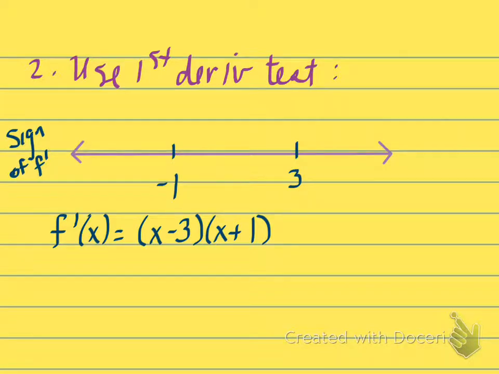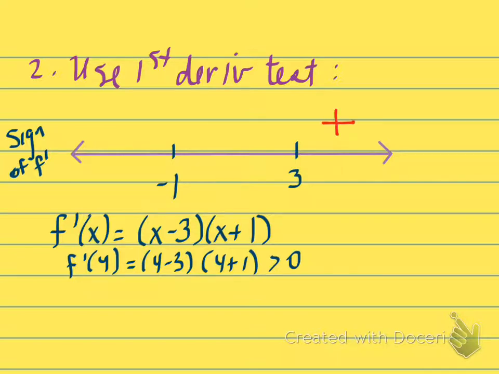I factored it to be x minus 3 times x plus 1, and writing it in this form makes it really easy to check the sign. So I'm going to pick a point bigger than 3, like 4, and f prime of 4 is 4 minus 3 times 4 plus 1. I don't care exactly what it is. I just care whether it's positive or negative. It's positive, so I put a plus sign in that region on my number line.